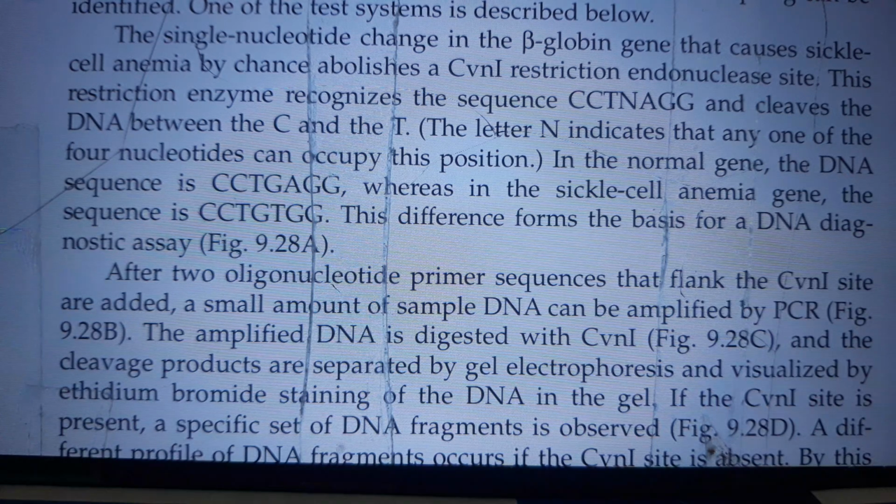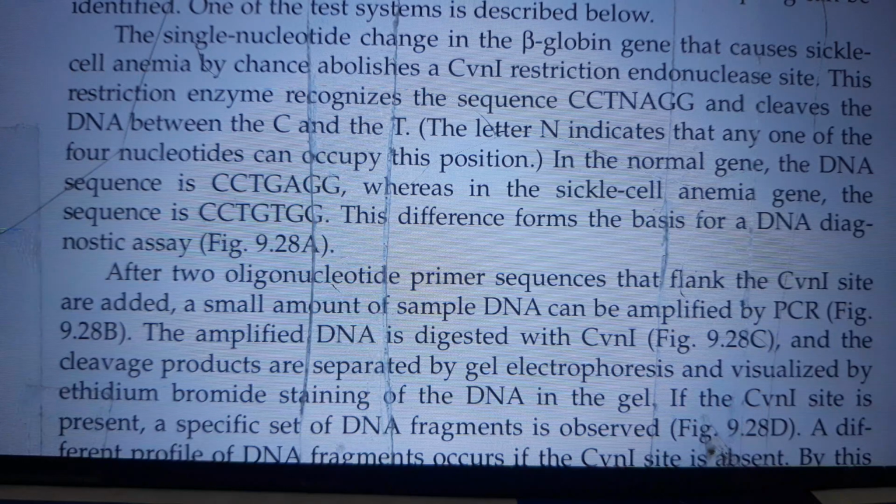The single nucleotide change in the beta-globin gene that can cause sickle cell anemia by chance abolishes a CvnI restriction endonuclease site. This restriction enzyme recognizes the sequence CCTNAGG and cleaves the DNA between the C and the T. The letter N indicates that any one of the 4 nucleotides can occupy this position.